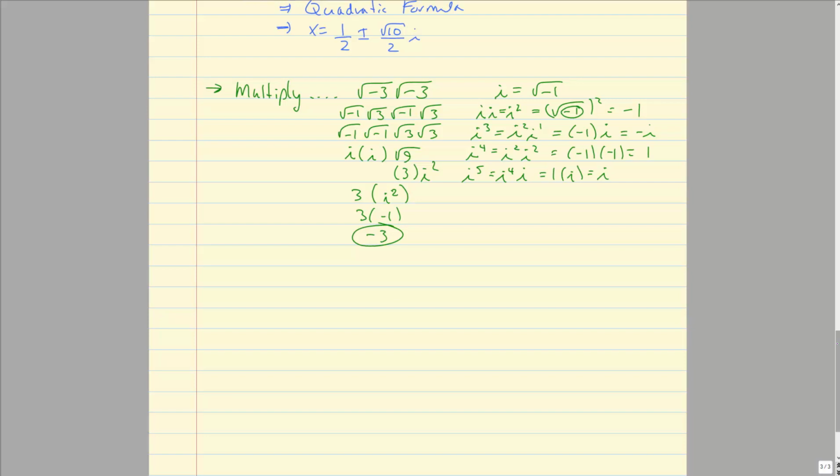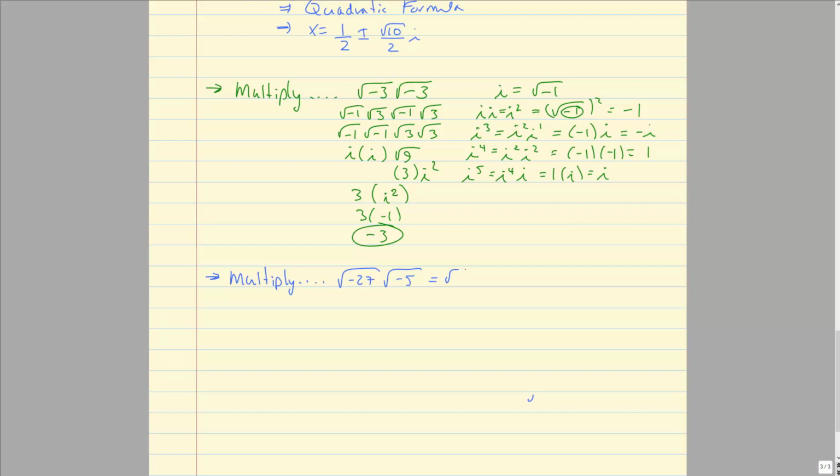I want to make sure that we look at some that have some strange cases maybe. So let's go ahead and look at multiplying the square root of negative 27 times the square root of negative 5. Right now it looks like they have really nothing in common.